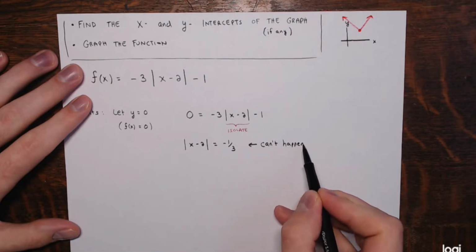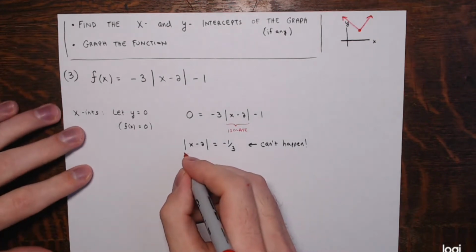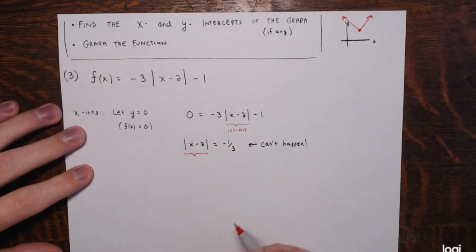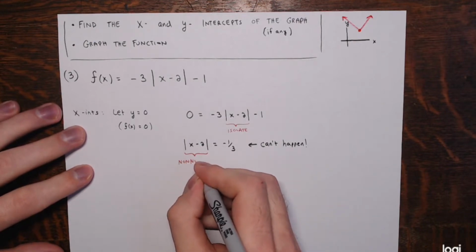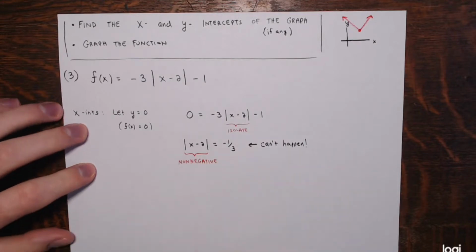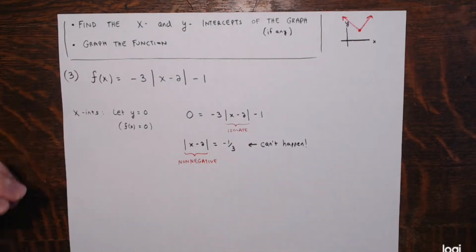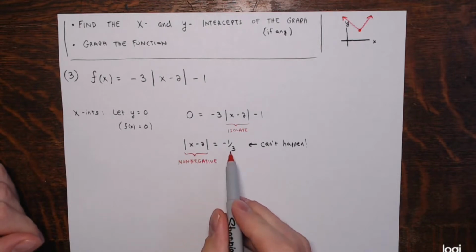Because remember, the absolute value of any real number is non-negative. The absolute value of 5 is 5. The absolute value of negative 5 is also 5. The absolute value of 0 is 0, and so on. You're never going to get the absolute value of a real number being equal to a negative number, right?